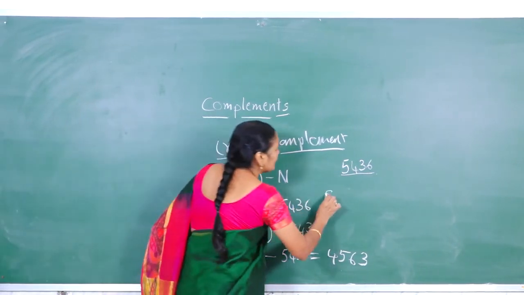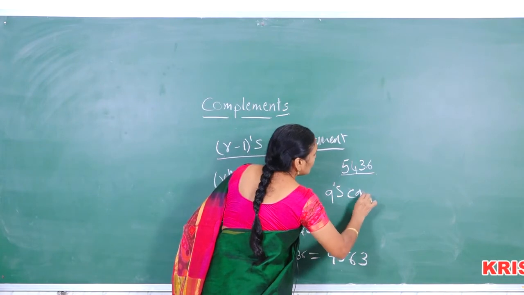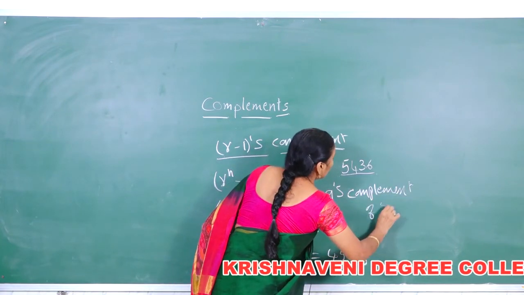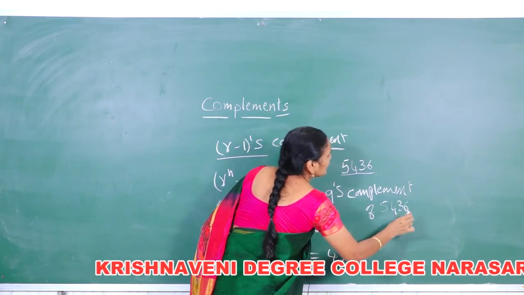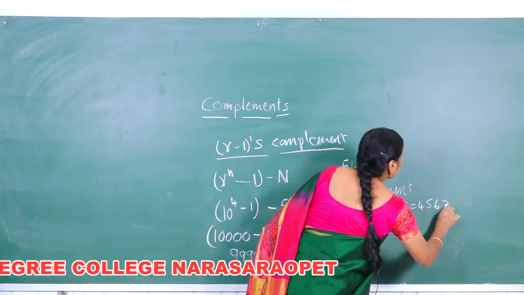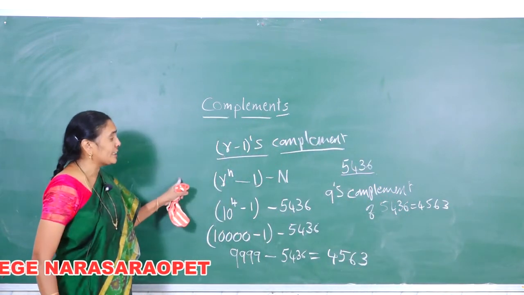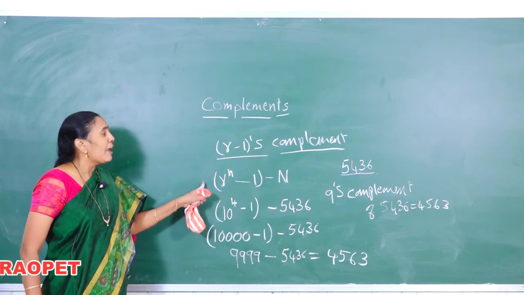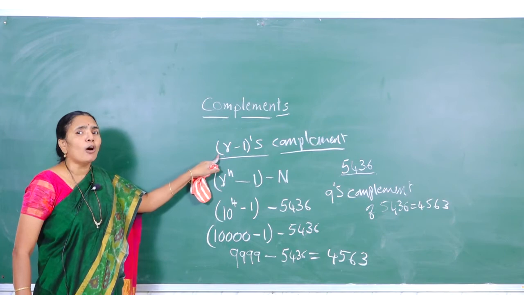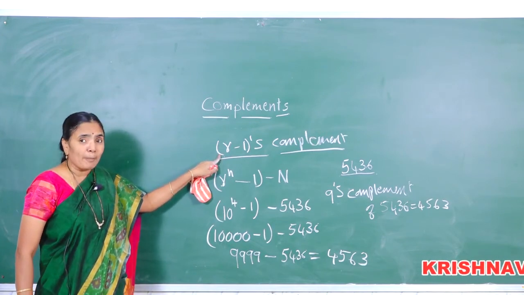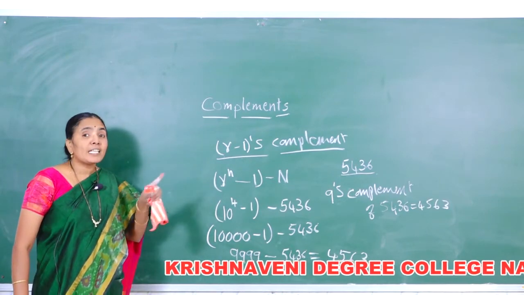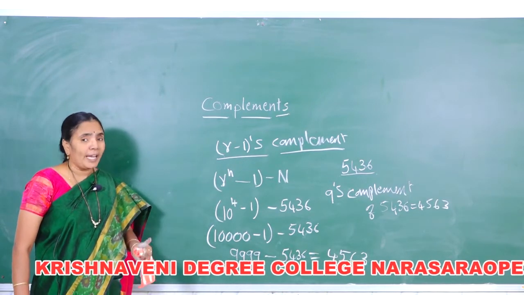That is, the 9's complement of 5436 is equal to 4563. So, the simplest procedure to remember is, when I want to calculate the r minus 1's complement of a decimal number, which is the 9's complement, I have to subtract each digit from 9.